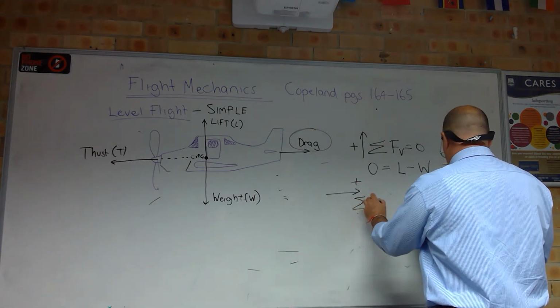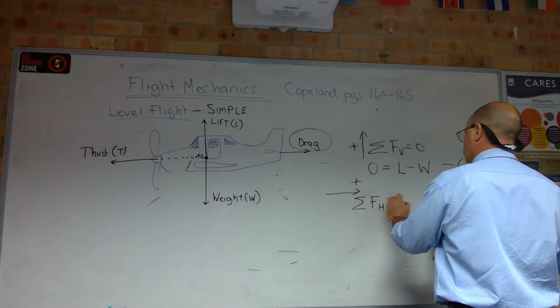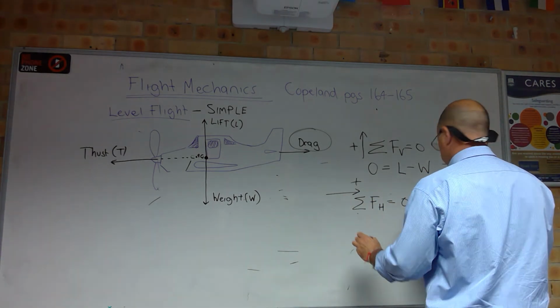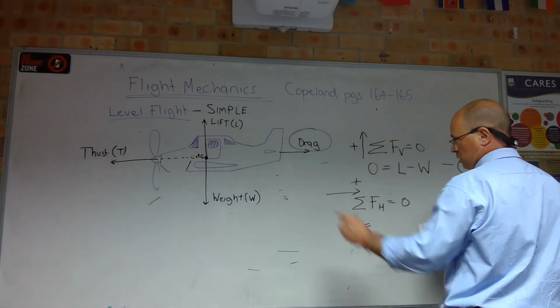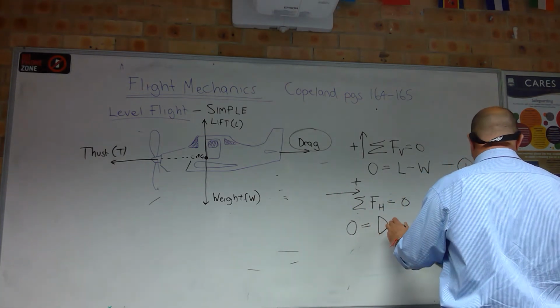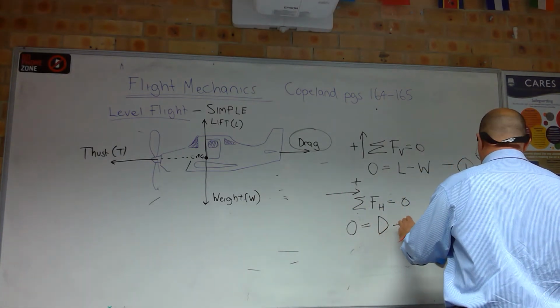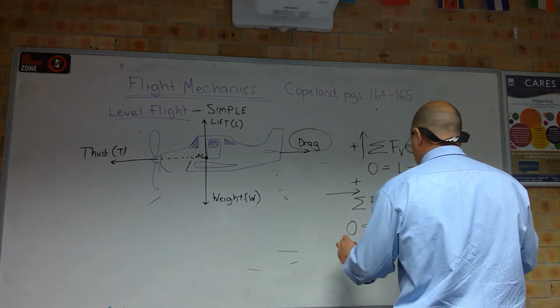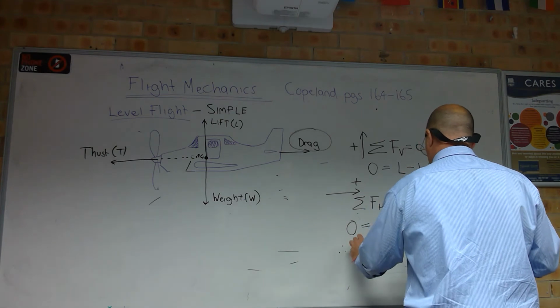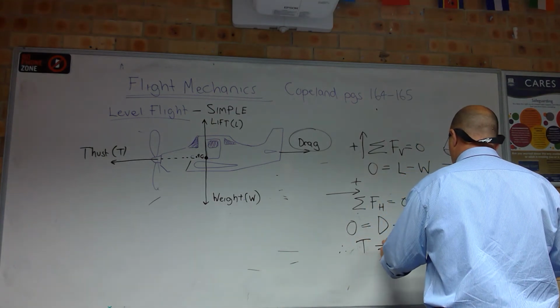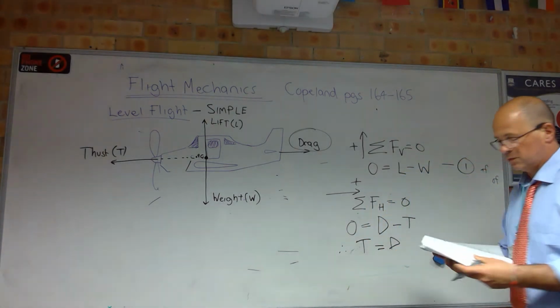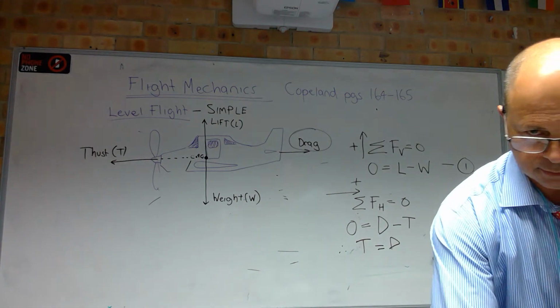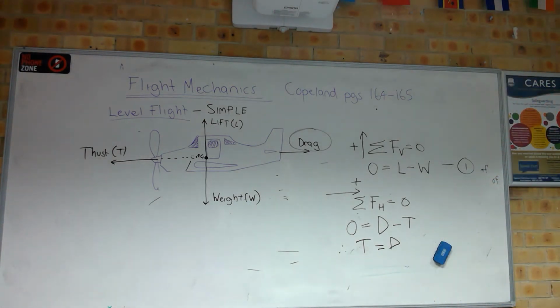Sum of forces horizontal is equal to 0. So 0 equals drag minus thrust. Okay, therefore thrust equals drag. So they're the two equations that he's given you.